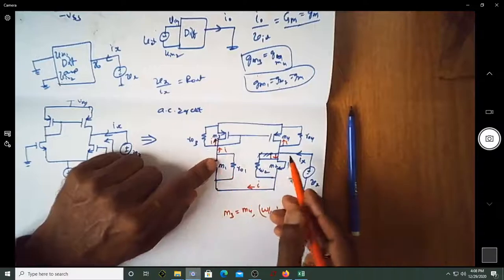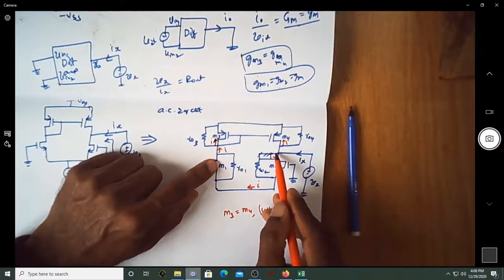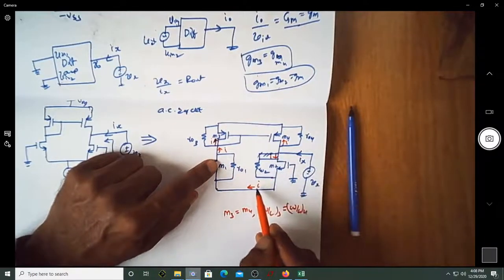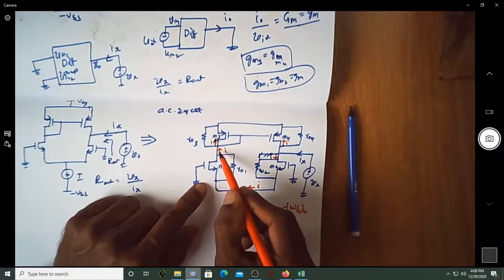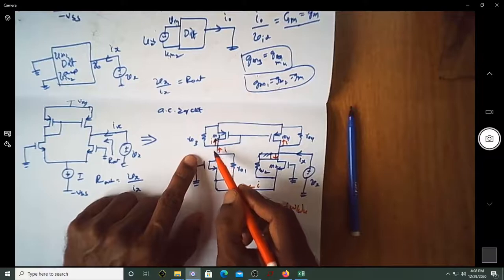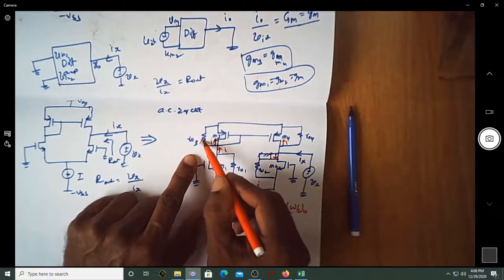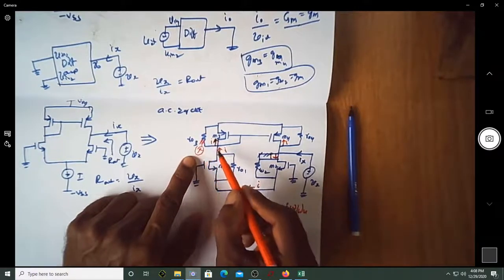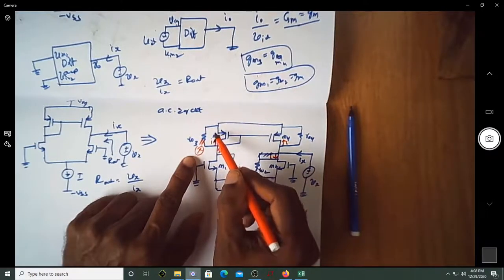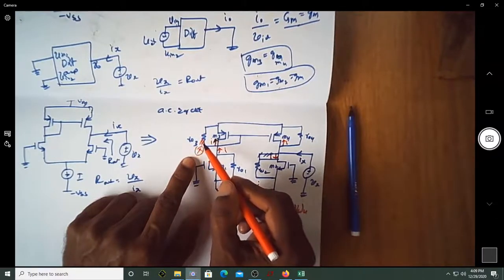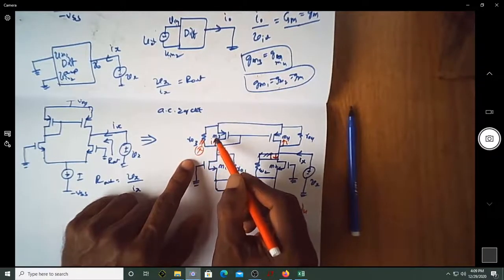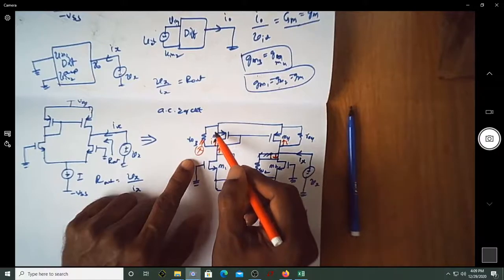So whatever current we have assumed here as I, the same current will flow here, and the same current will flow again here, and there is no current flowing here, because current will always choose the lesser resistance path, and this is r03, which is a fairly high resistance compared to 1 over gm3. So the entire current will flow here.